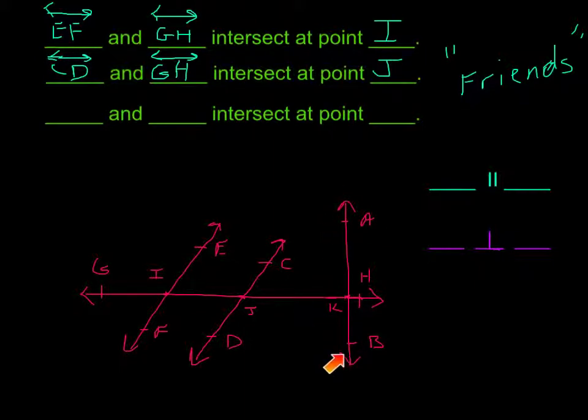So we're going to say line AB intersects line GH at point, we have K there.